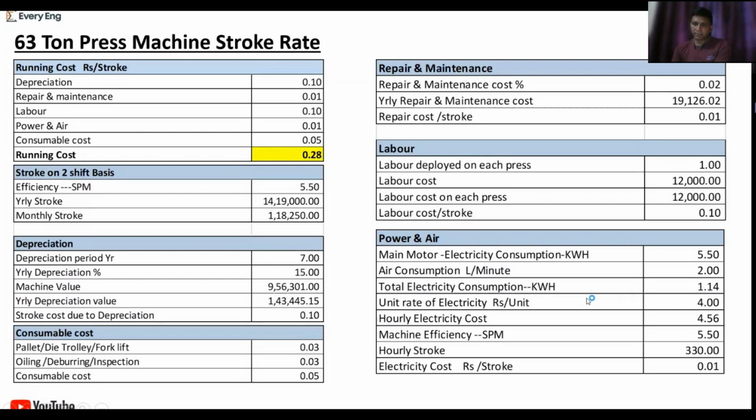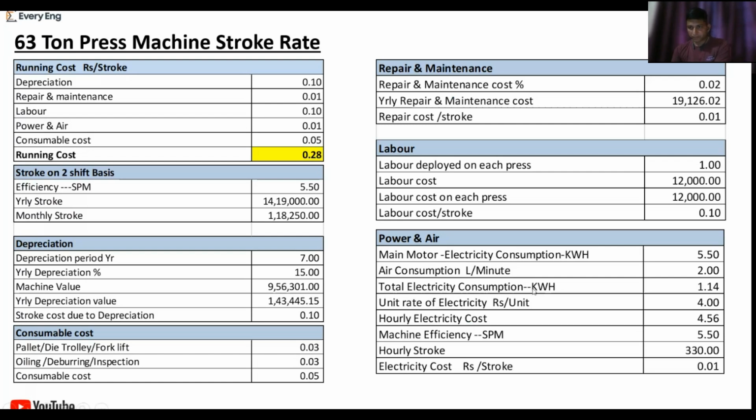And another one: you can calculate depreciation cost, consumable cost, and labor cost easily, but you need cross-functional support for calculation of repair and maintenance and the consumption of power and air of your machine.